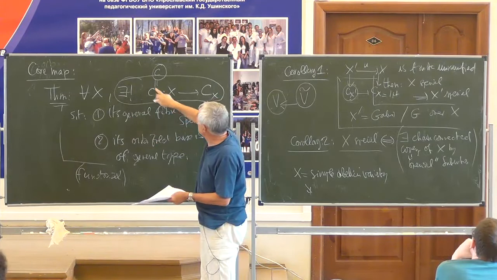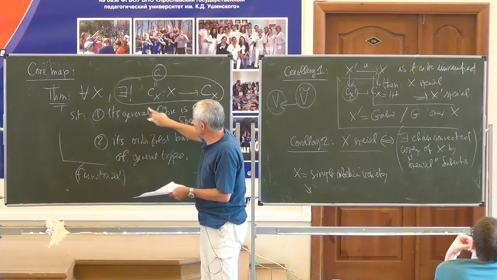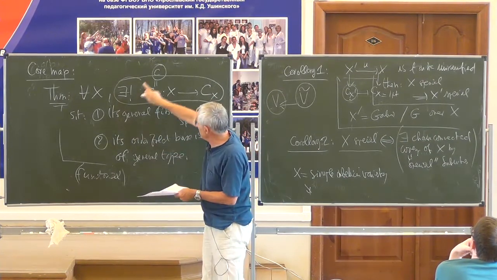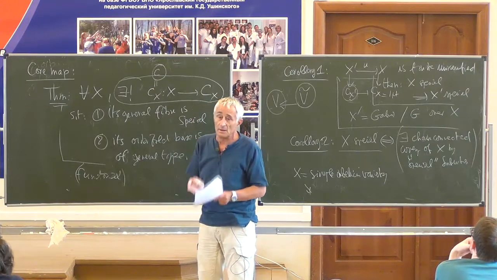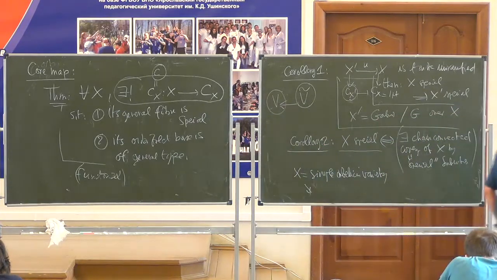But here what we see is slightly different: in general, the building blocks are not manifolds with these properties, but orbifolds with these properties. And so this is what we shall do here.